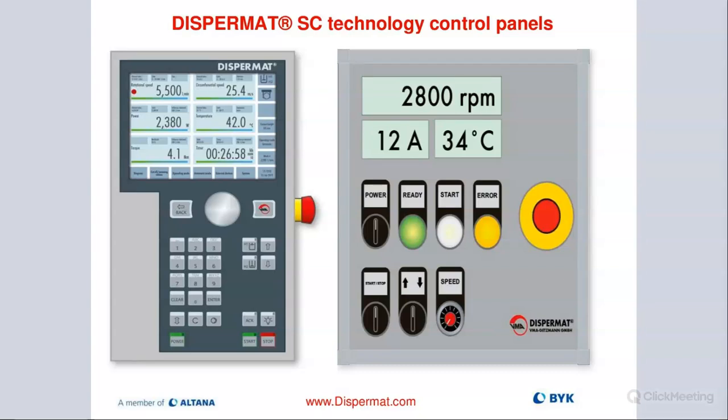So you get all the important data points on the screen, like your RPM, your energy input in watts, your torque value in Newton meters. It's an indirect measurement of your viscosity, so we can measure that. We can also give you that tip speed, so you don't have to calculate that yourself anymore. The temperature readout, and the timer function.